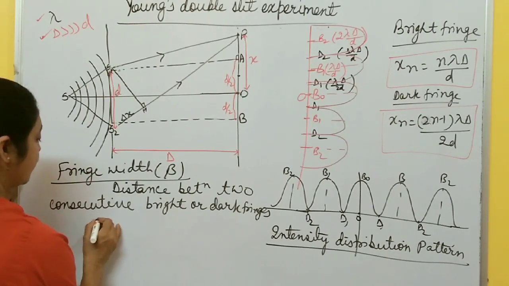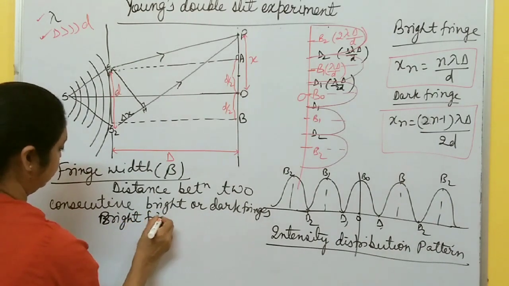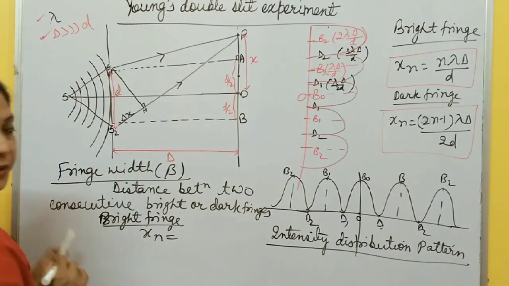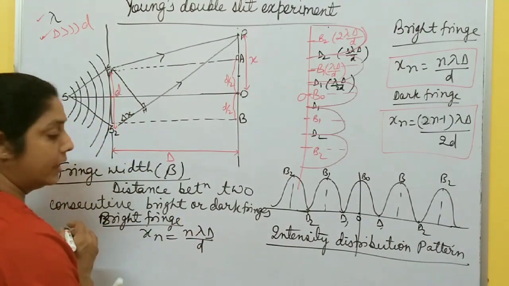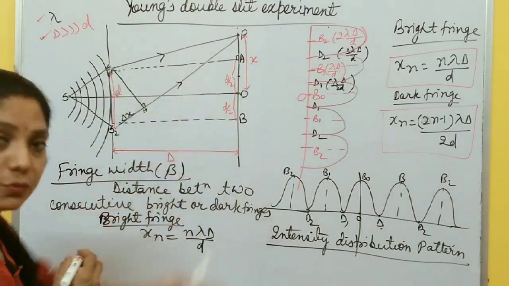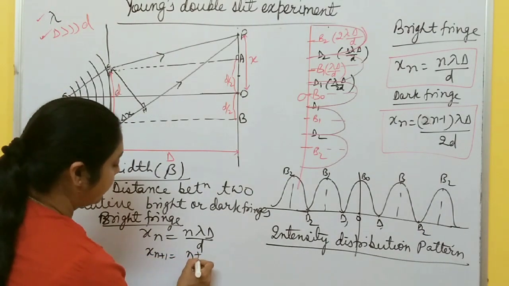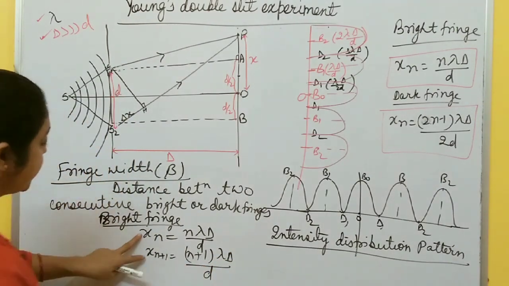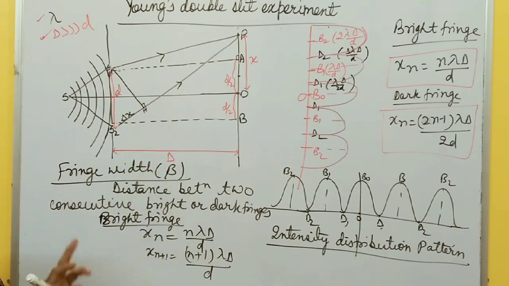For the bright fringe, what is the nth bright fringe position? x_n = n lambda D by d, and the (n+1)th bright fringe is formed at x_(n+1) = (n+1) lambda D by d, and the difference between these two positions of bright fringes is the fringe width. So you can calculate the fringe width in this way.